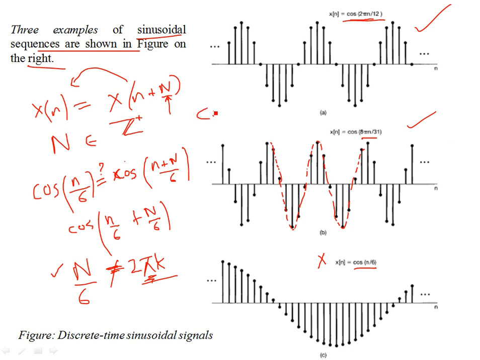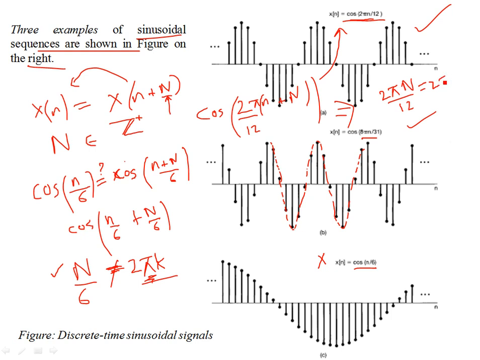So for example, this is cosine of 2 pi n by 12, and if I just add capital N over here, n plus N divided by 12, then the constraint is that if this brings back my x of n, then the implication will be that 2 pi into capital N by 12 should be equal to an integral multiple of 2 pi k.